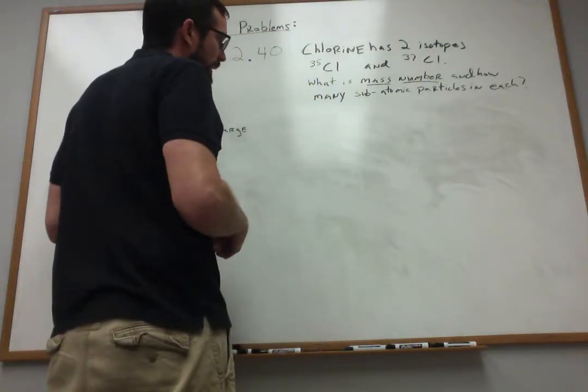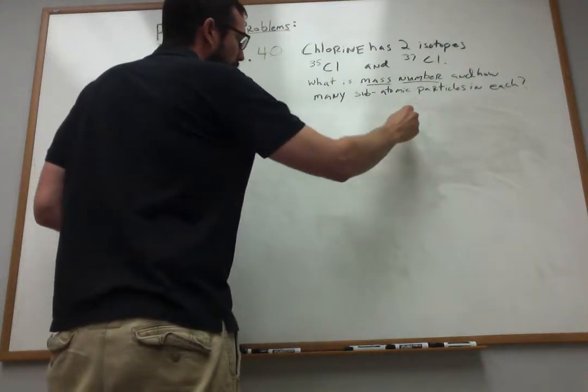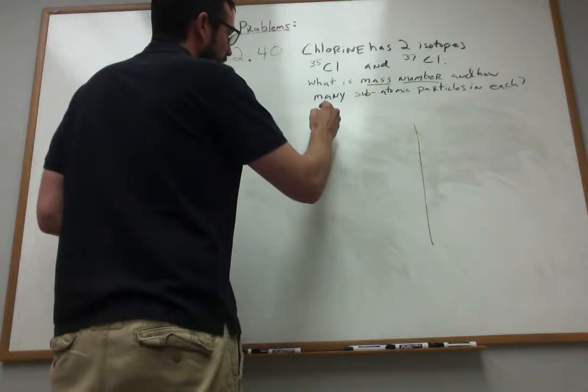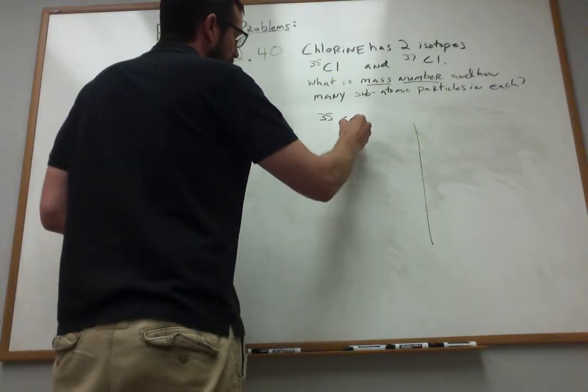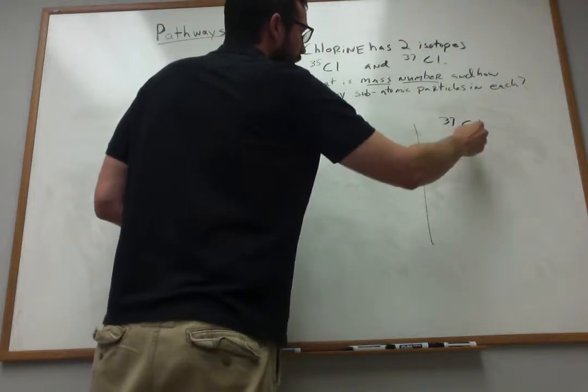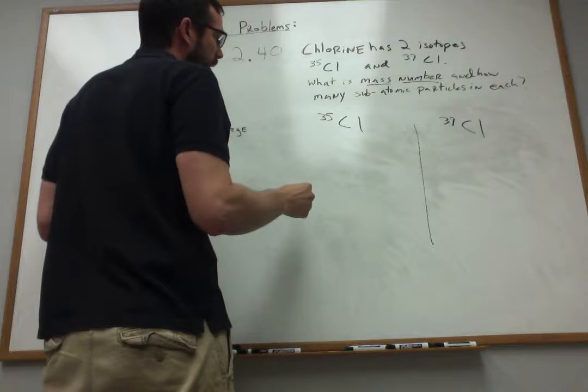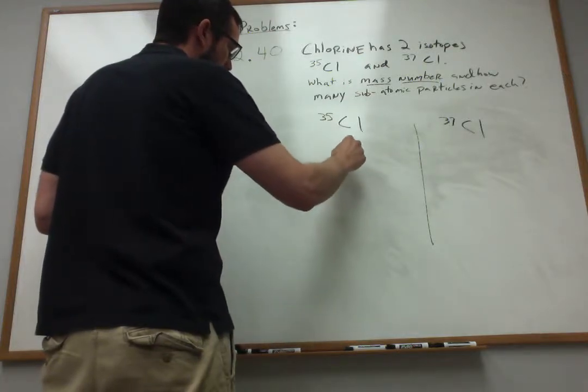That was very easy. But we also want to know how many subatomic particles are present in each. And this isn't terribly difficult, but at least it's a little bit more difficult than the first part. So I'm going to have two sides, one for chlorine-35 and the other for chlorine-37. And we're going to work through this, all right?